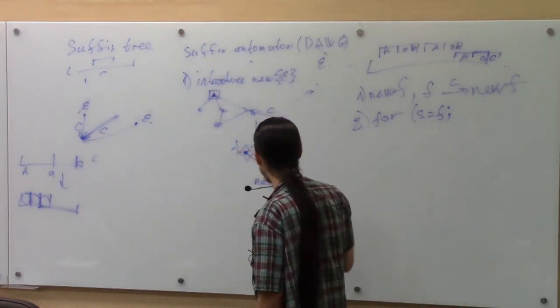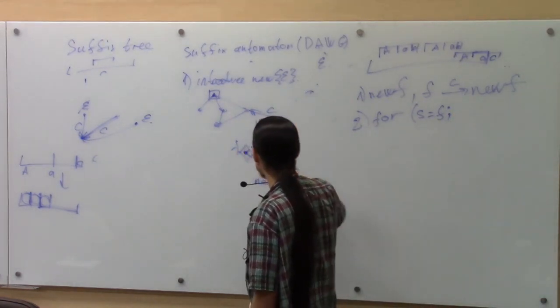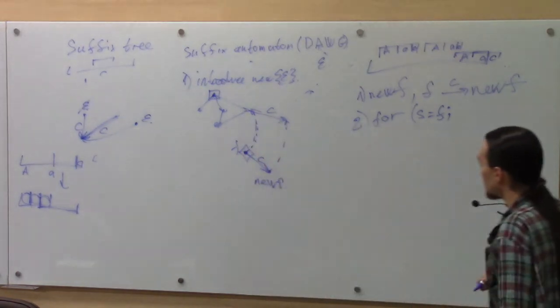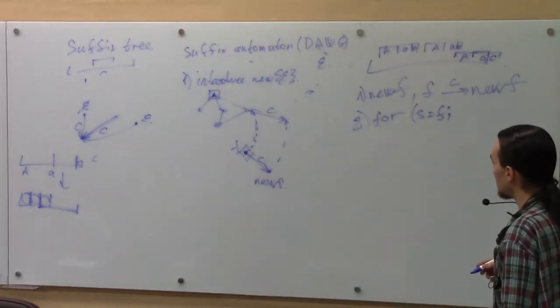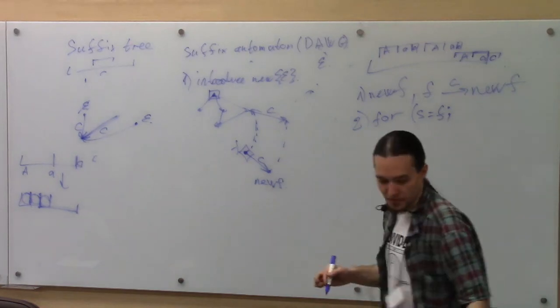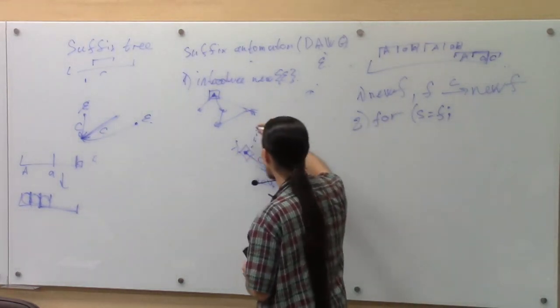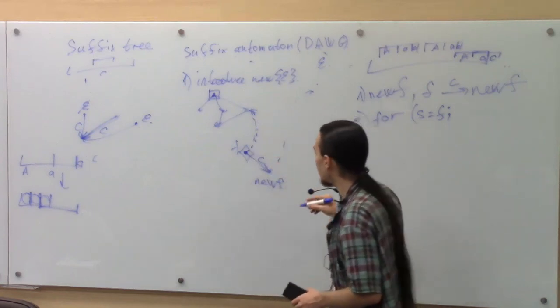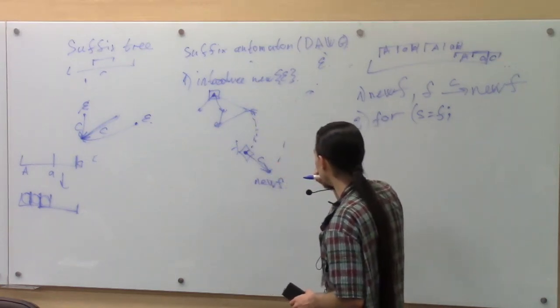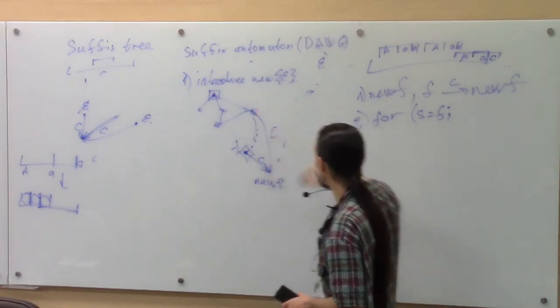First of all, if there is no transition by C, then we must add this transition here.